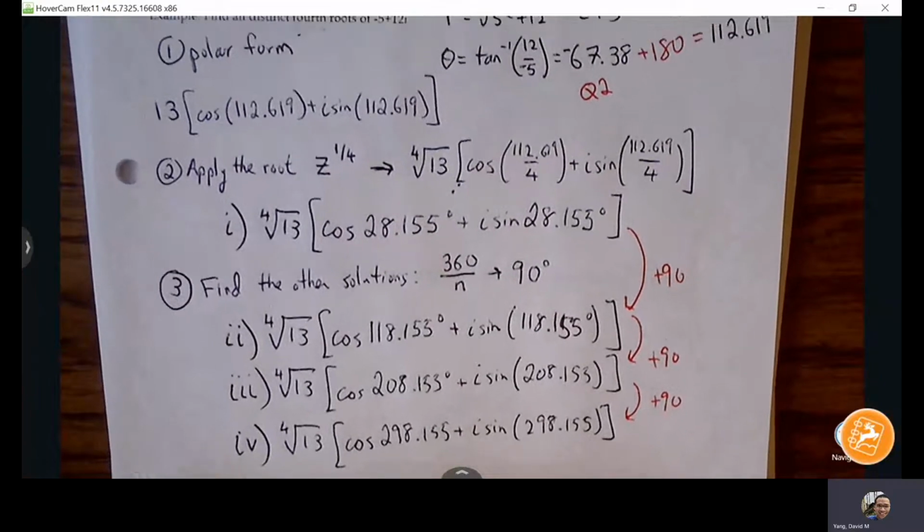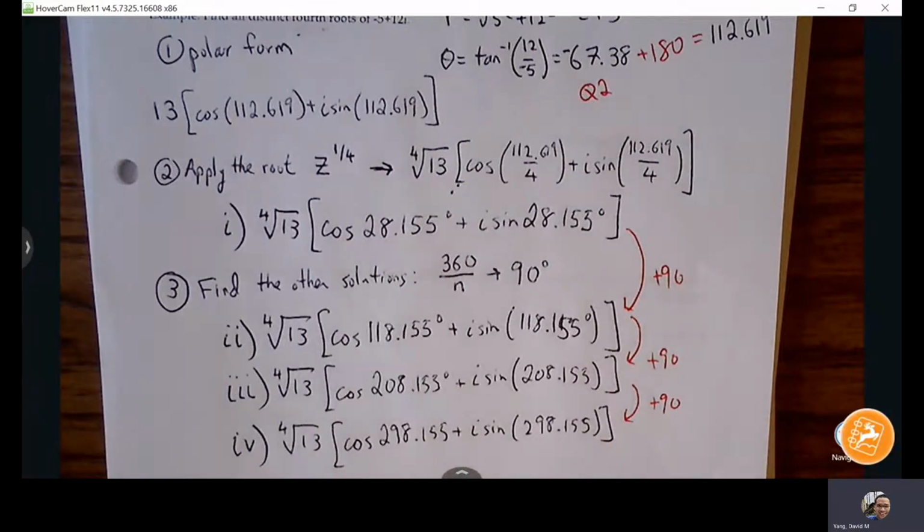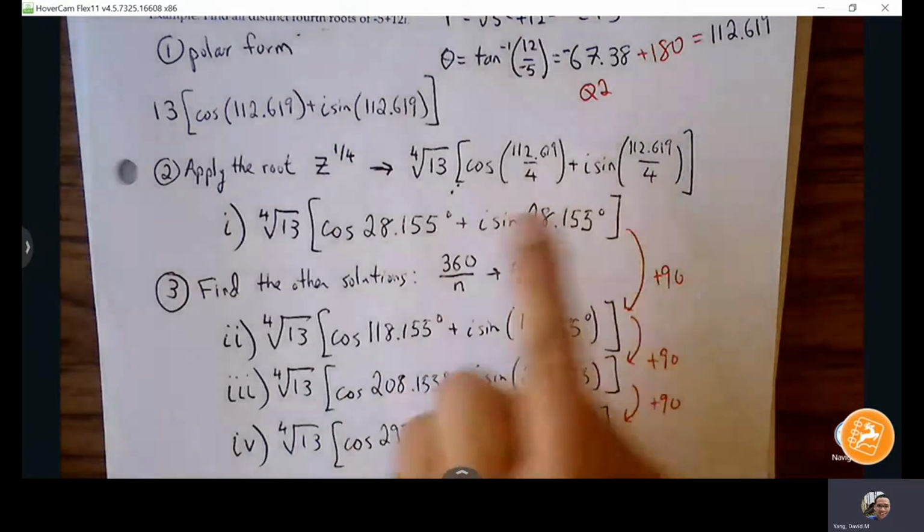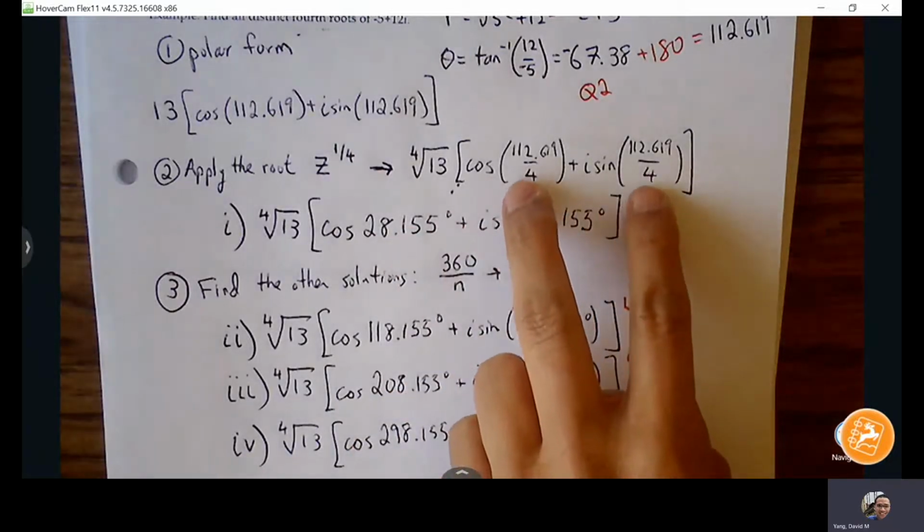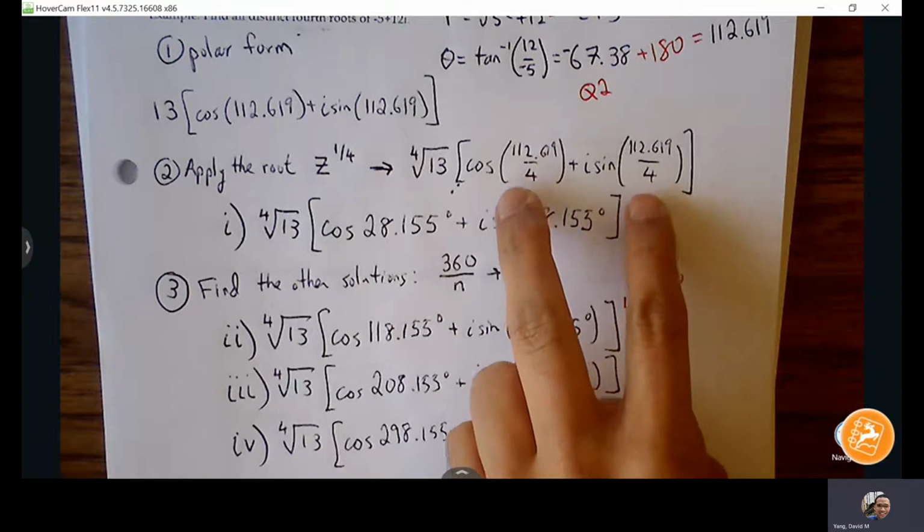So it's a complicated formula, but if we just think in terms of, okay, there's 3 steps I've got to do. Get into polar form, right? You know how to do that. We've been doing that since a couple days ago. Apply the root. So do the 4th root or 5th root or whatever the root is given to you. And then you divide your degree measure or your radian measure by 4.